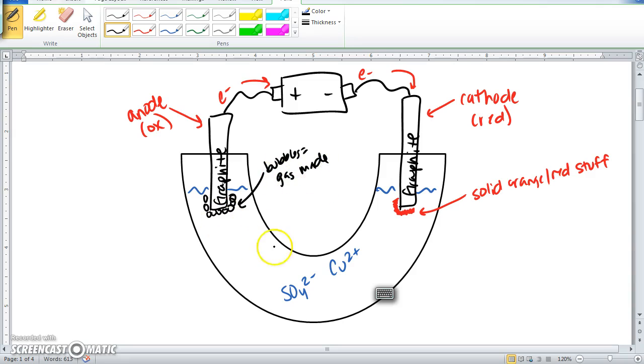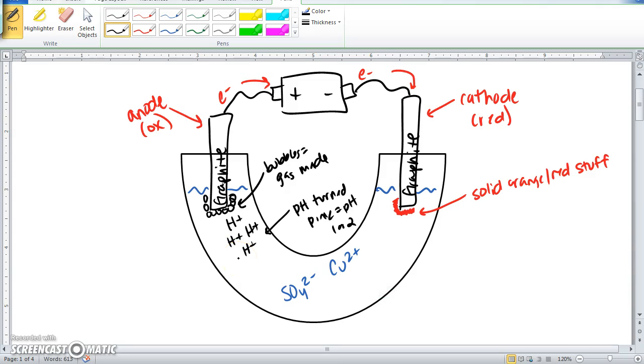We also dipped pH paper into this and noticed that it turned a pH of 1 or 2, which meant also at this electrode we had to have some H pluses made. So we know the H pluses are there because the pH paper turned pink, which equals a pH of 1 or 2. So that meant we had to have some H pluses going around.